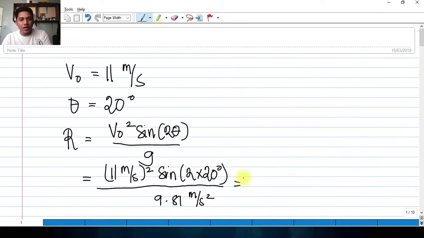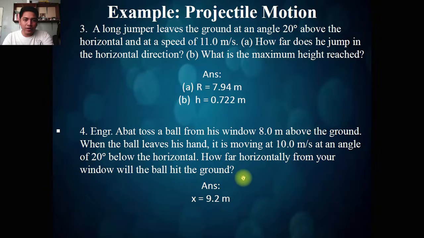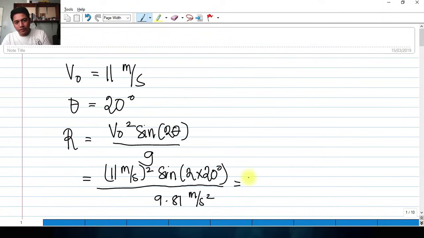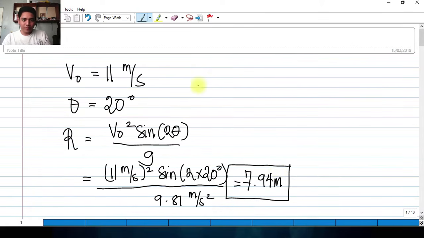And that should give us an answer. We're going to calculate it: 7.94 meters. So that is for letter A.